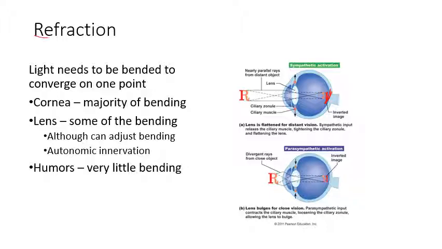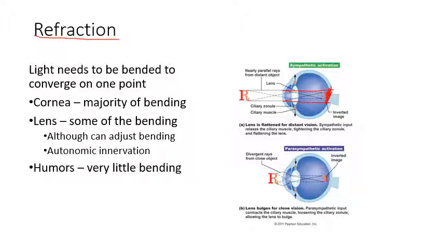Now we have to do refraction. Let's bend the light coming in to get it focused in the right location in the back of the eye, because if the light comes in as it is, it won't be focused where we need it to stimulate those photoreceptors.